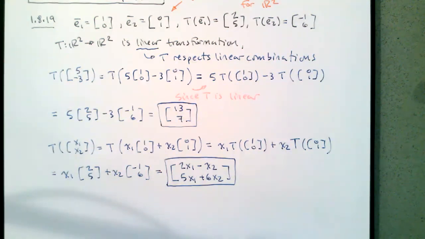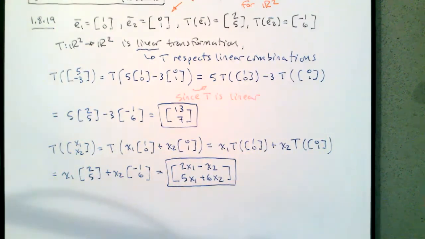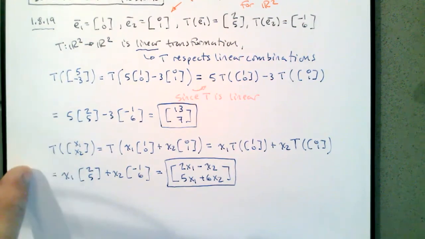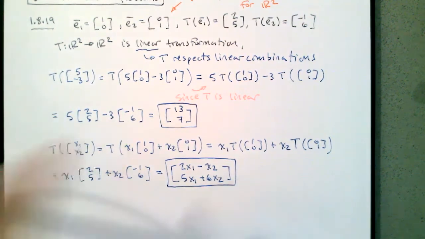If we plug in x1 is 5 and x2 is negative 3, then we come up with 13 and 7, which is what we had before. So we could have done the second problem first, and then had a formula for doing the first problem. But coming up with (13, 7) was not the point. The point was recognizing that given a linear transformation, that linear transformation will respect your linear combinations.